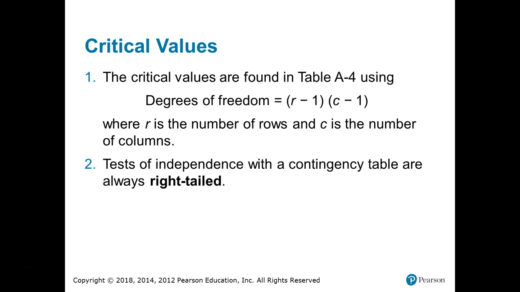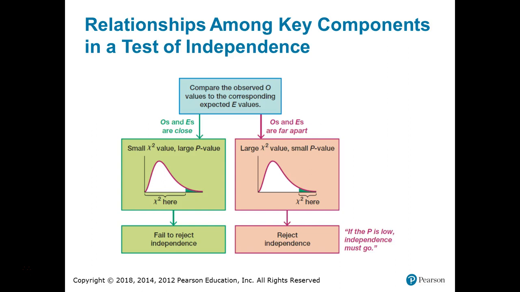Critical values, this is where it's a little different from what we've done. The critical values are found in table A4, but the degrees of freedom is the number of rows minus 1, multiplied by the number of columns minus 1. Since we are doing tests of independence with contingency tables, they are always right-tailed, so we are only interested in the right tail.